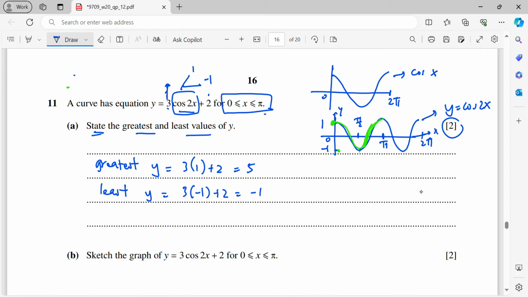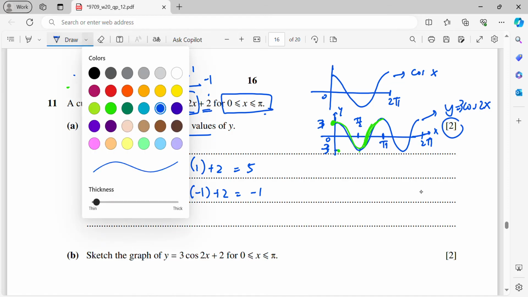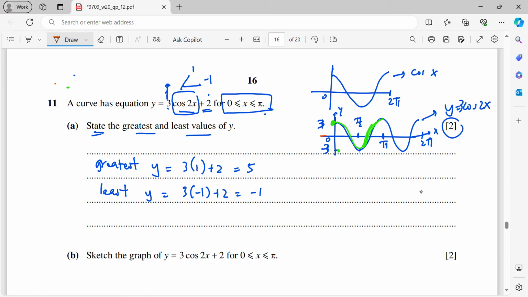Okay, that means instead of 1 and -1, now becomes 3 and -3 after I times 3 over here. After that, you plus 2. Plus 2 means instead of referring to 0, now I move up the graph 2 units. So when you move up the graph 2 units, the 3 becomes 5. The -3 becomes -1. So again, this reference line becomes 2.